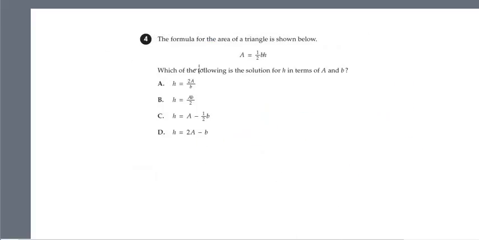Okay, so this one a little tricky, but it says formula for the area of a triangle is shown below, right here. Which of the following is the solution for h? So we want h to be all by itself. First thing we want to do is multiply everything by 2. So if we have this area equals 1/2 base times height, we multiply everything by 2.